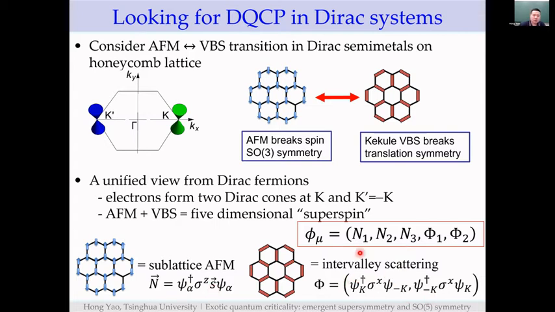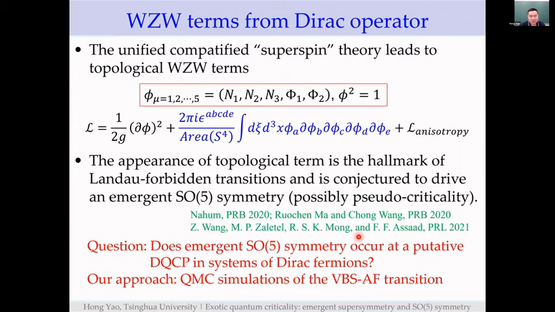Now if we integrate out the fermions, we can obtain a nonlinear sigma model with a topological term, a Wess-Zumino-Witten term. The appearance of the topological term is a hallmark of the Landau-forbidden transition or deconfined quantum critical point. It is also conjectured to drive emergent SO(5) symmetry.